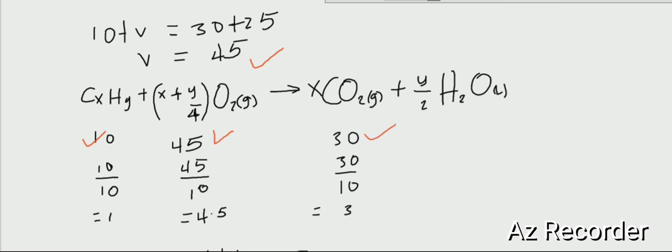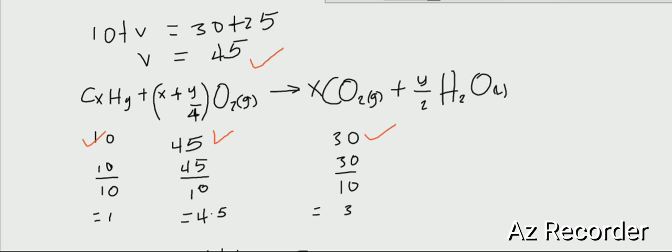We have volume of carbon dioxide. These are the vital volumes in eudiometry. So from here we express volumes in terms of moles using Gay-Lussac's law, that when given volumes you can express volumes in terms of moles.